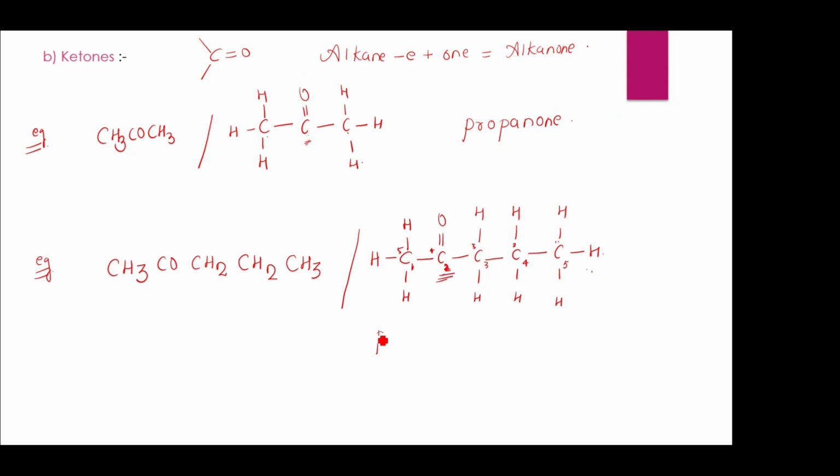So the name of the compound is pentan-2-one, from pentane. We followed the same rule: pent plus an plus one. Since the secondary suffix starts with the vowel o, the e in "ane" is dropped, so we write pentan. The 2 means the ketone group is present in the second position, and one is the functional group.